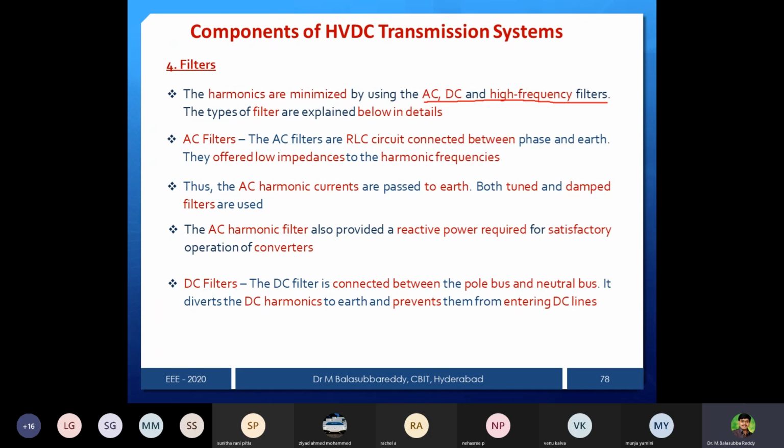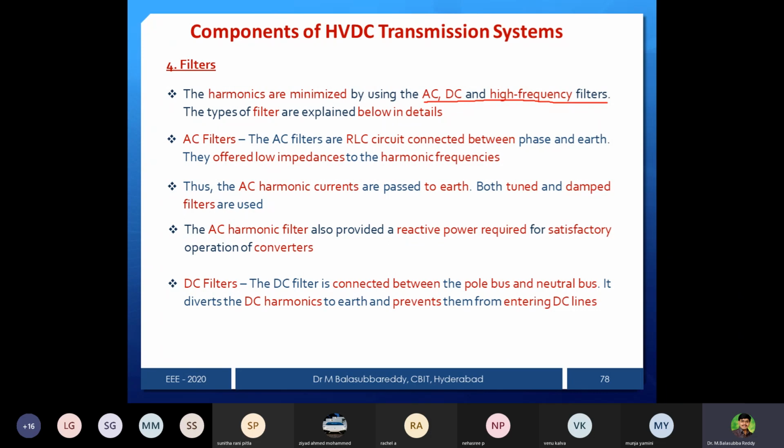DC filters are connected between the pole bus and the neutral bus. The AC filters are connected between the AC side bus and earth, so that harmonics will be passed through the earth. But the DC side filter is connected between the pole bus and the neutral bus.